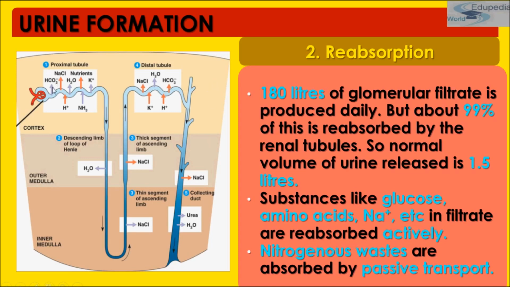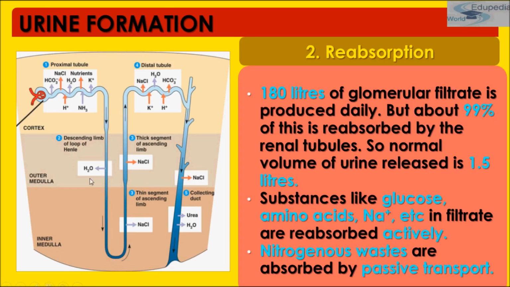So the renal tubule starts from here to here, till the collecting duct. The tubular fluid passes down the descending limb of the loop of Henle.